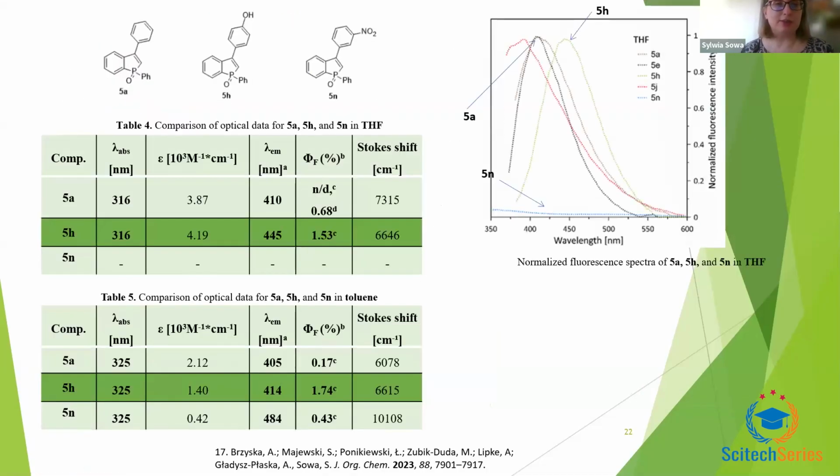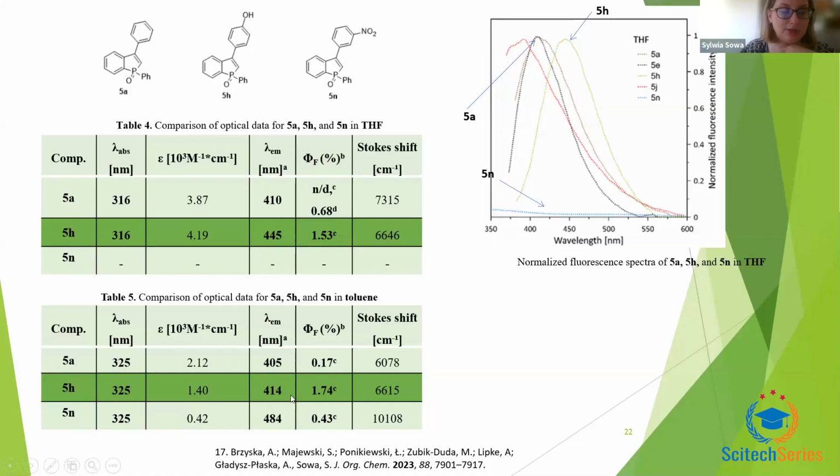And at the end, I have the comparison of all the data collected for the best solvents, like THF and toluene. Here is the fluorescence spectra in THF, shown for comparison. The best fluorescent compound, the best fluorophore in this selection, is the para-hydroxyphenyl compound, which has the highest value of fluorescence quantum yields in both solvents, as well as a shifted emission band.